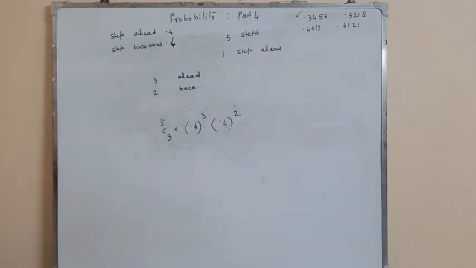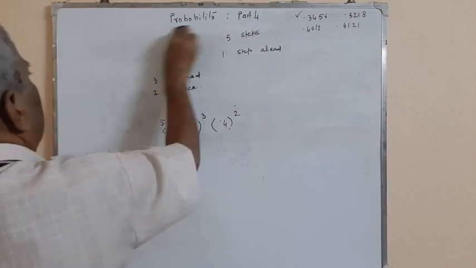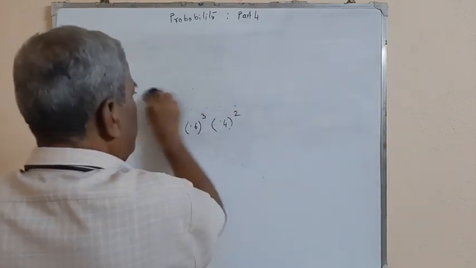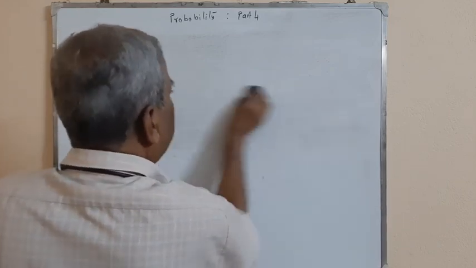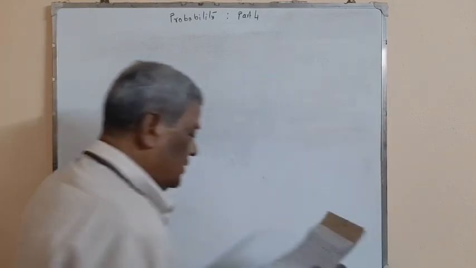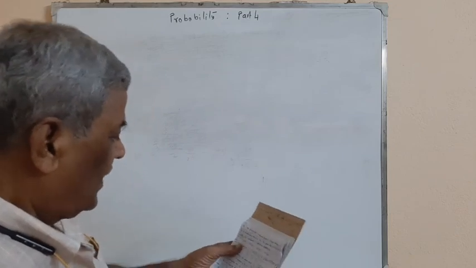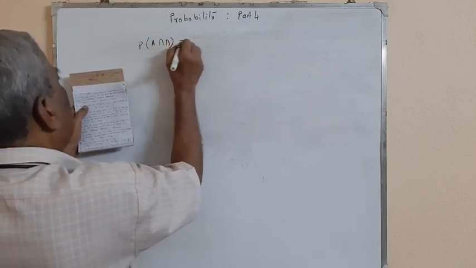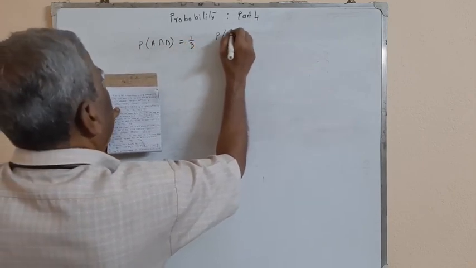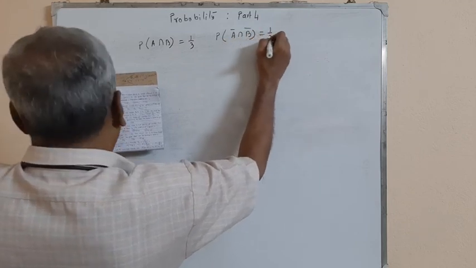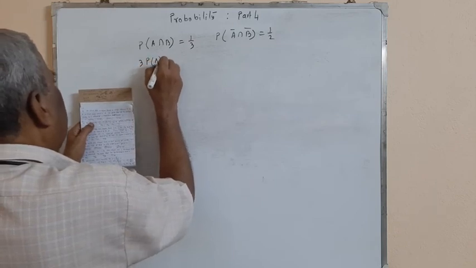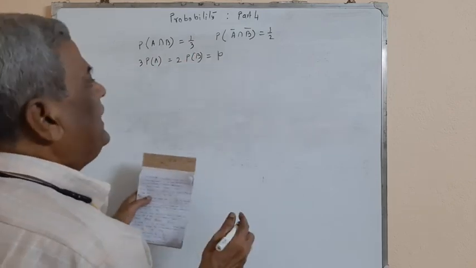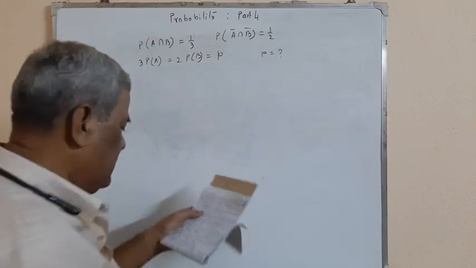Next. If probability of A meet B is equal to 1 by 3, probability of A bar meet B bar is equal to 1 by 2, and 3 into PA is equal to 2 into PB is equal to P, then P is how much?